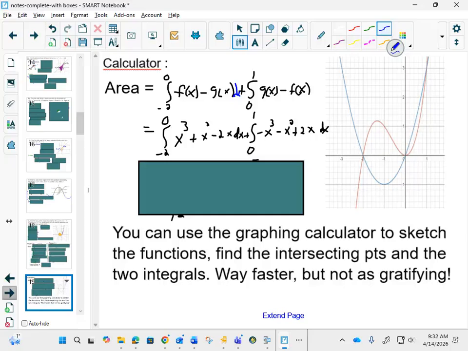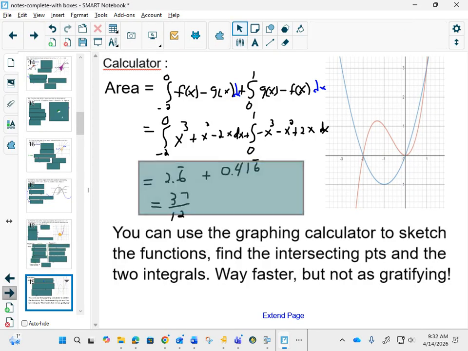Where's this? So this is the same question, just saying if you had a graphing calculator for this question, you could type one equation into y1, one equation in y2.